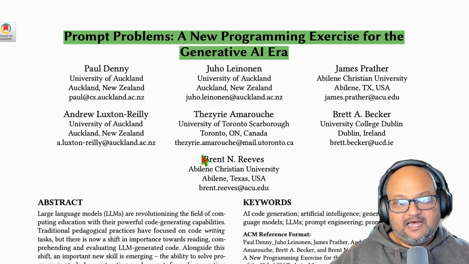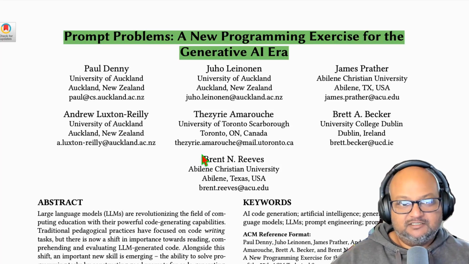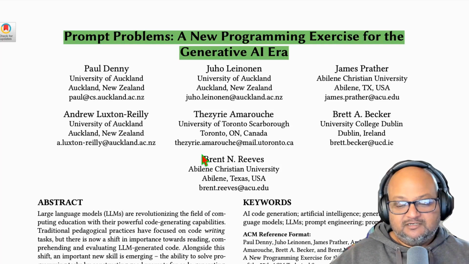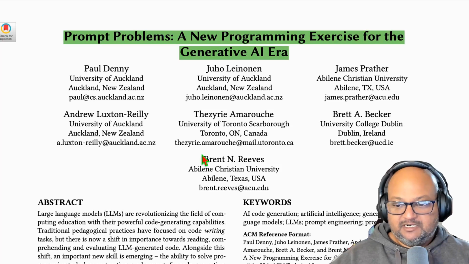And they found that GPT-4 scored in the top quartile of both of those classes if it were to be evaluated as a student. So obviously that raises the question of how do you structure intro to programming classes? How do you teach them? How do you grade them?